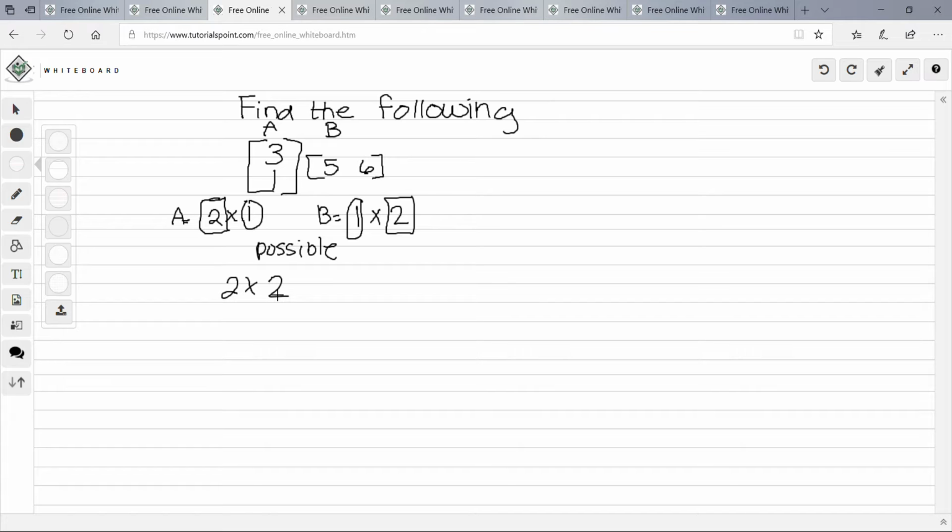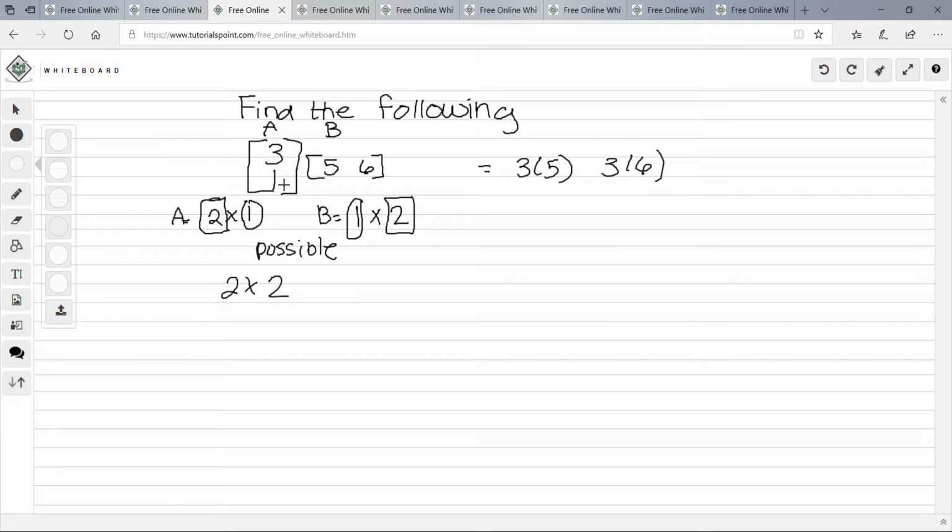So now we have to figure out what our answers are. What are the numbers for our 2 by 2 matrix? So we're going to multiply 3 times 5, and then our second column number would be 3 times 6.